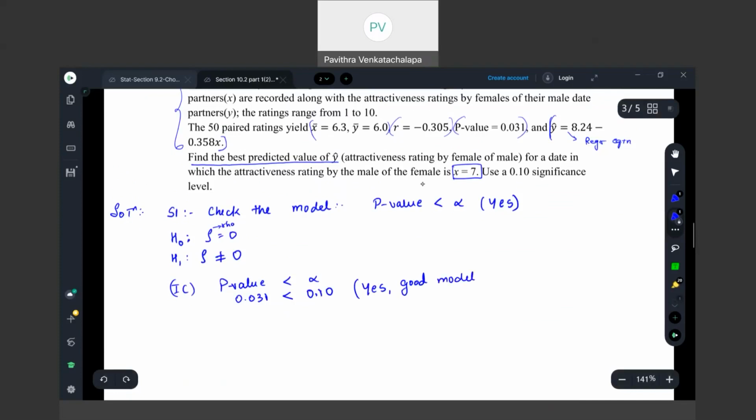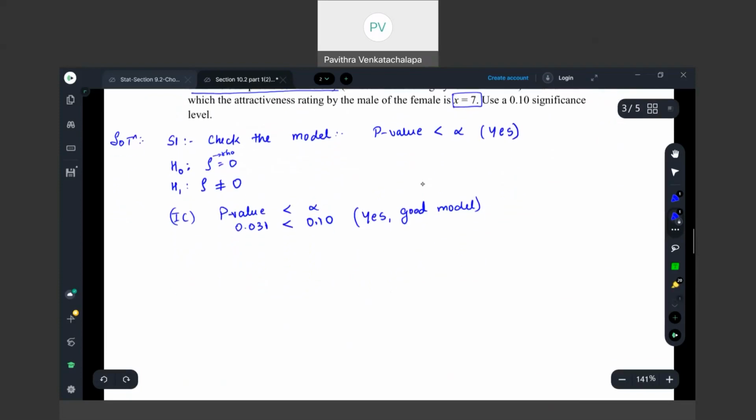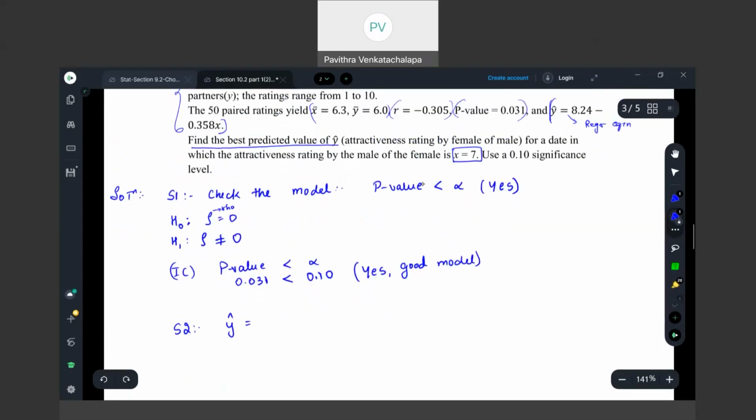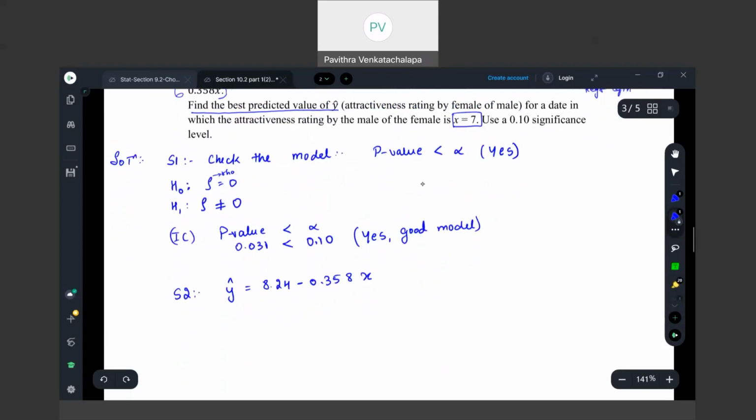Okay. So since it is a good model, the second step is to make a prediction using y cap, which is 8.24 minus 0.358 into x. Okay, all you have to do is plug in the given x and find y.